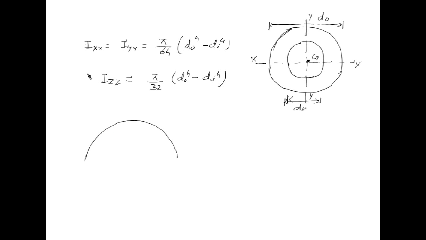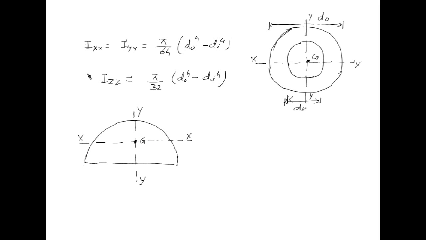For a semicircle, if we have a semicircle of diameter d or radius r. This is the y axis, and we have the centroid at the center of this plane area, and the axes passing through the centroid G, that is axis xx and axis y.